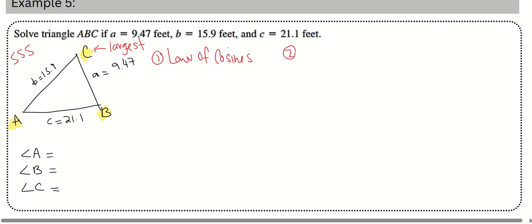Then law of sines. And then you're going to use your sum of angles. And again, I'm going to give you the solution here so that you can check yourselves.